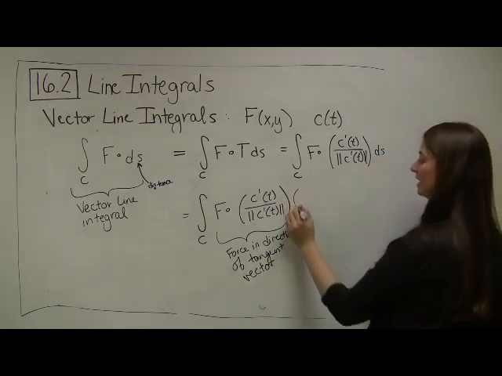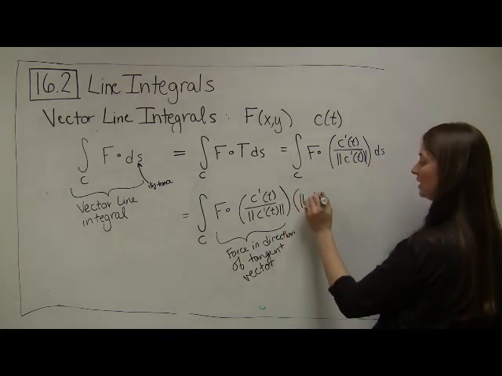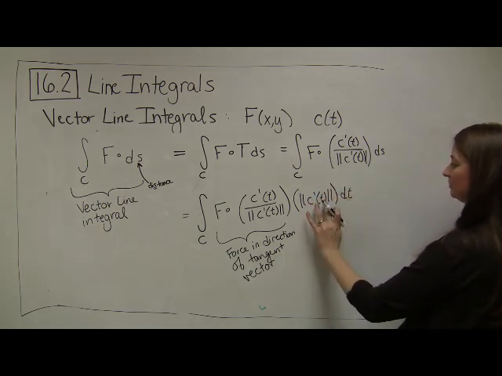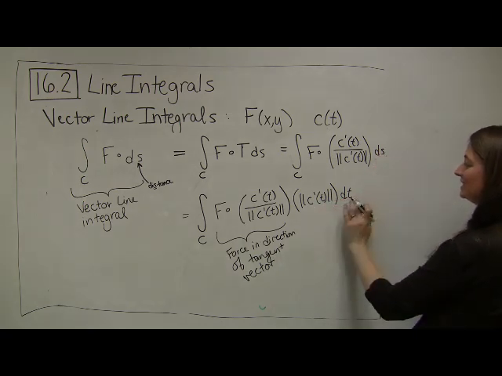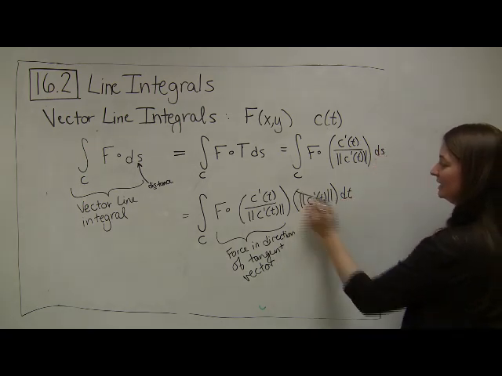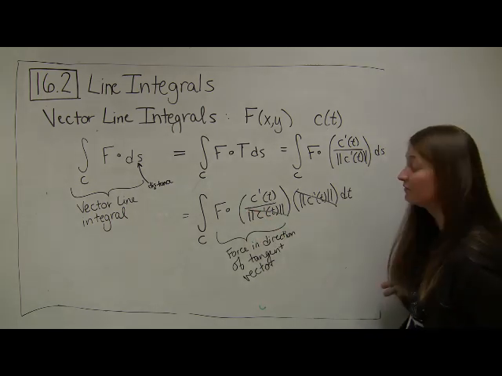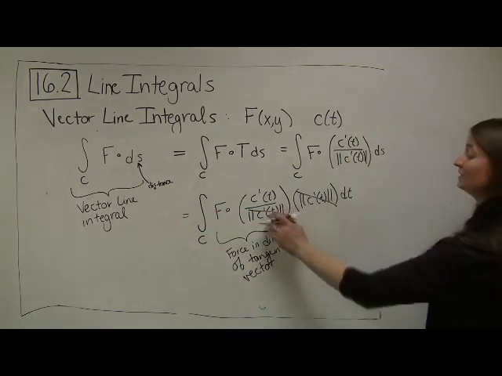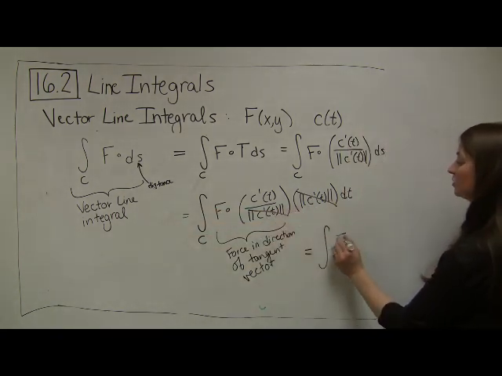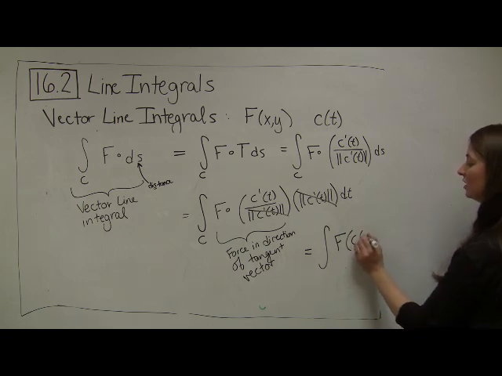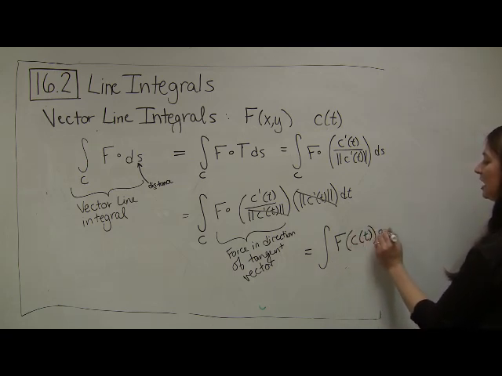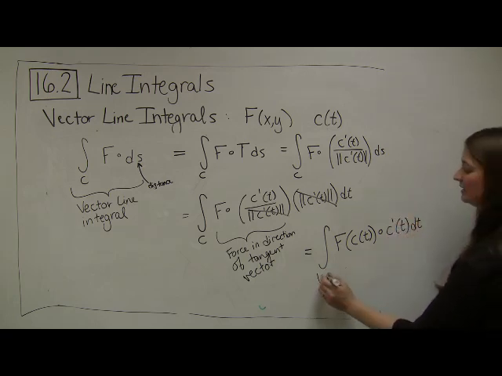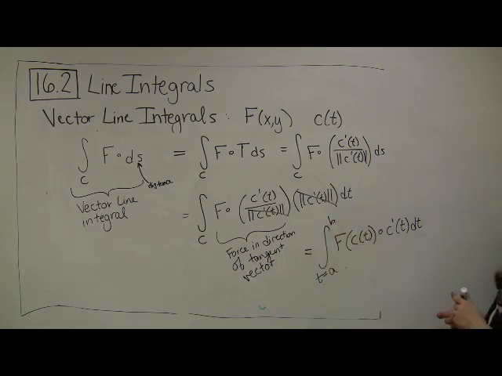And then instead of ds, I want to have dt there, and so I'm going to have to multiply it by the speed. Speed times time equals distance. That's why ds is equal to this times dt. These two things cancel. And now you can write down the final formula that's going to go into your notes. So our vector line integral, we can have these two speeds cancel. Really, it's just going to be our vector field evaluated along our path, c of t, dot product with c prime of t dt, as t goes from whatever t's starting point is to t's ending point.